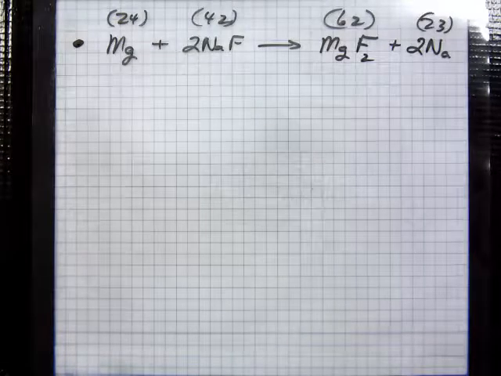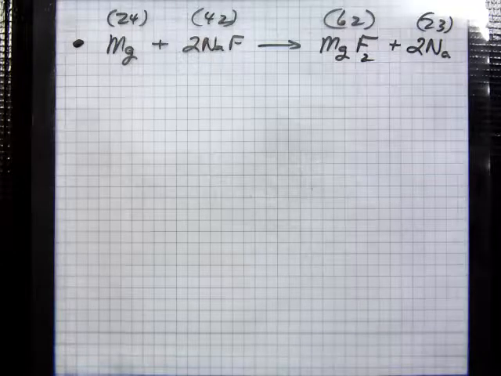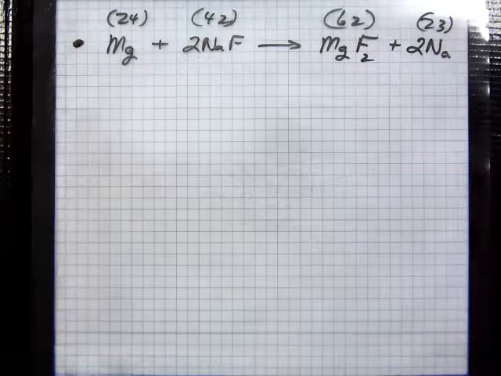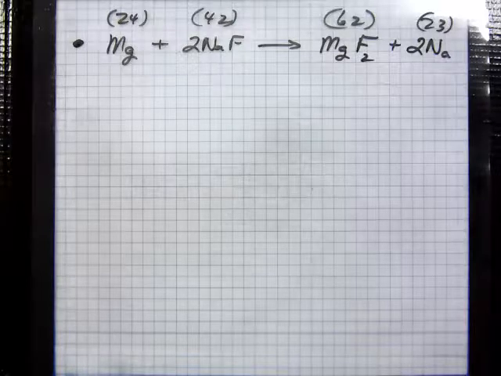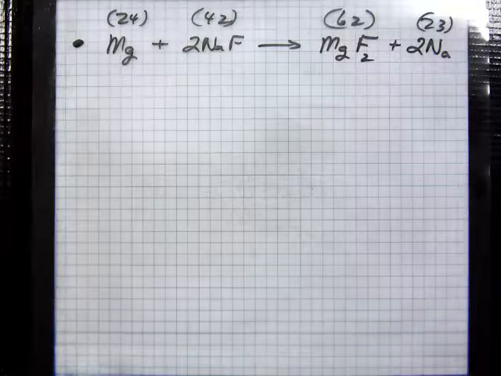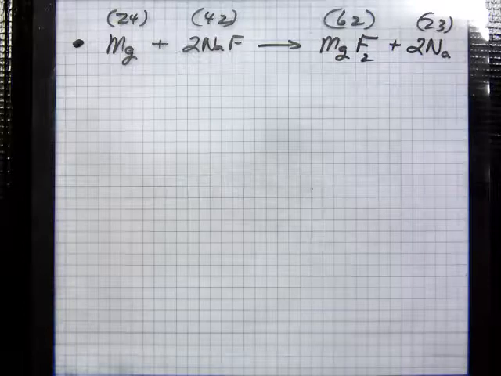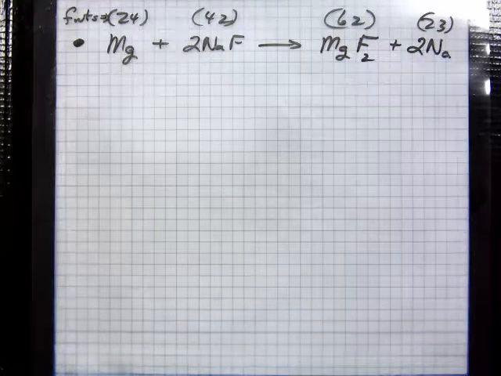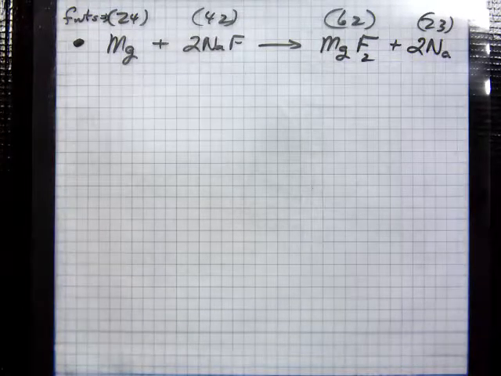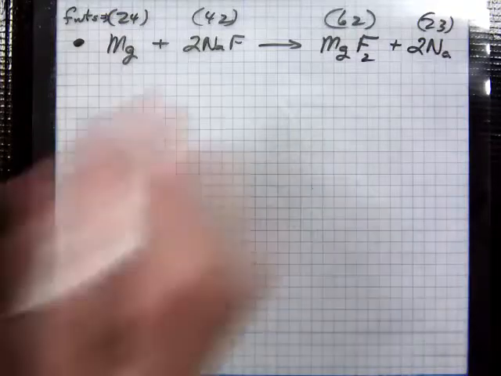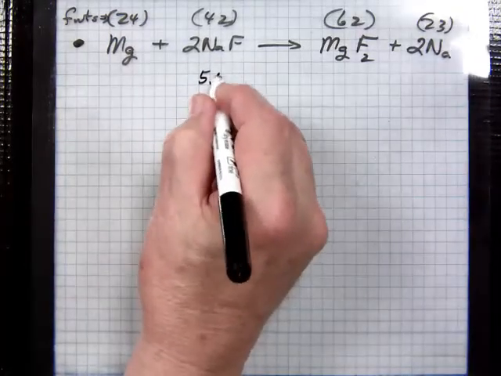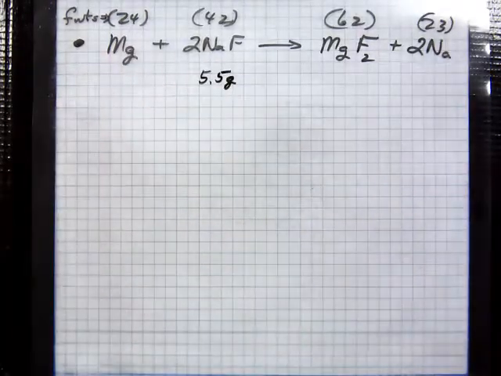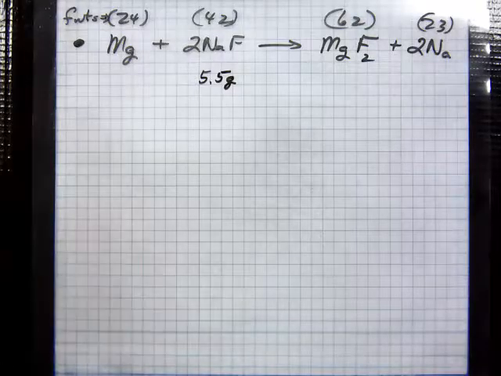Okay, this is the next one. As you see, I just wrote down the equation. And above each one of the reagents, I put formula weight. Any questions? Okay, if you start with 5.5 grams of sodium fluoride, how many grams of magnesium fluoride will be produced?